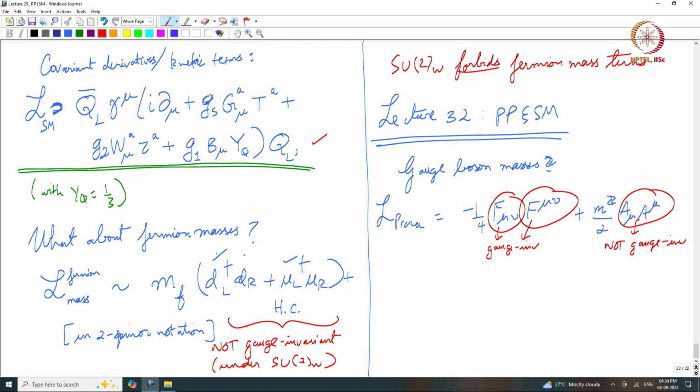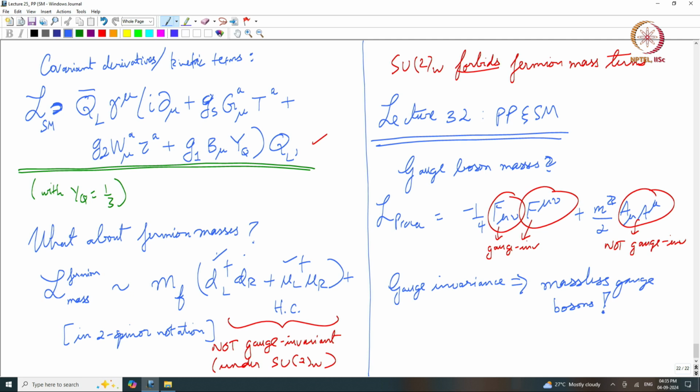So, in other words, that implies that if I want gauge invariance as part of my theory, that necessarily means the gauge bosons are also massless. Isn't this funny? We have just constructed a completely massless theory, okay.